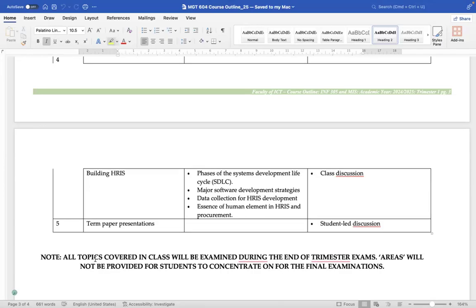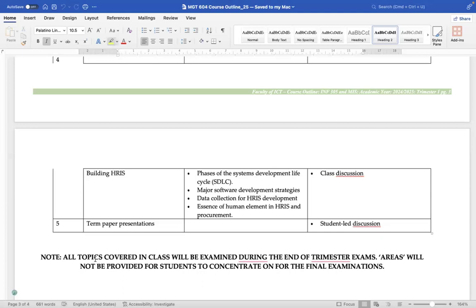If I say us, I mean the employees. If you are thinking of bringing in an HRIS, then you have to ensure that the employees who are primary stakeholders of that platform are involved in the building of such a system. So we'll talk about how we can build HRIS. We'll discuss the various systems development methodologies available to help us build our HRIS.